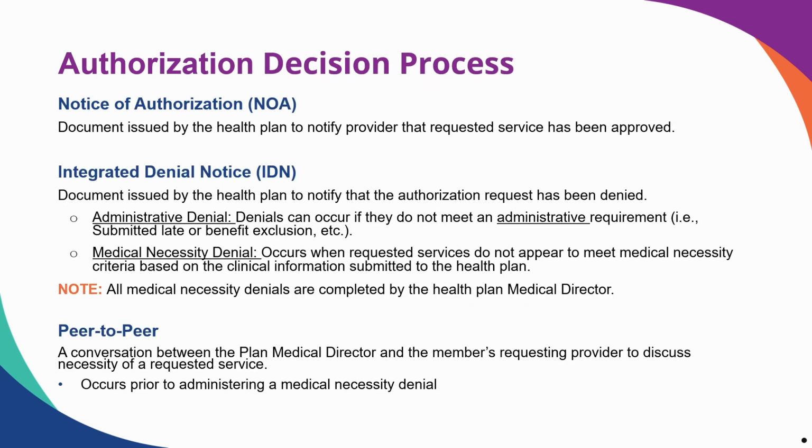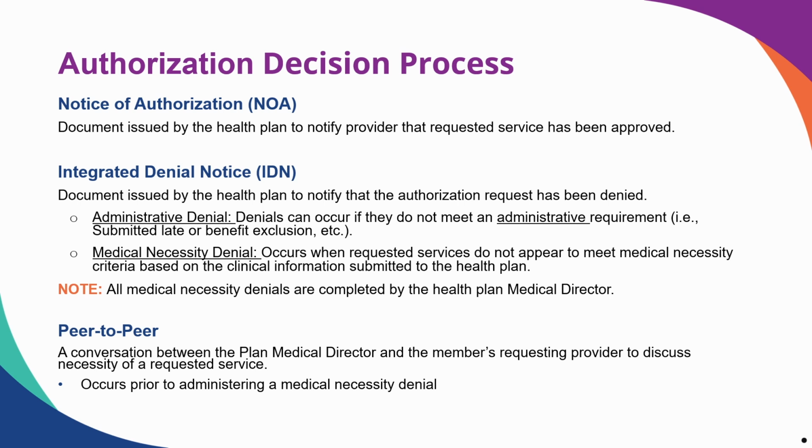Once an authorization decision has been made, members and providers are notified. If approved, a notice of authorization is issued, which will notify the provider and member that requested services have been approved. There are two main types of adverse determinations or denials.